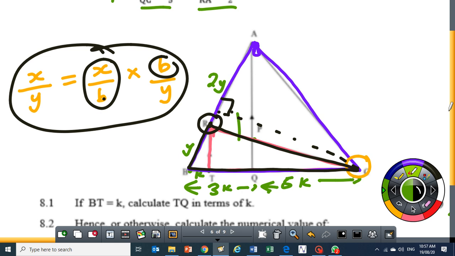So, let's look at triangle ABC and triangle RBC. Do you see that they share a common vertex? Which means we can draw a perpendicular height. So we can write the ratio of the area of ABC and the area of RBC. So we can call that maybe that one.